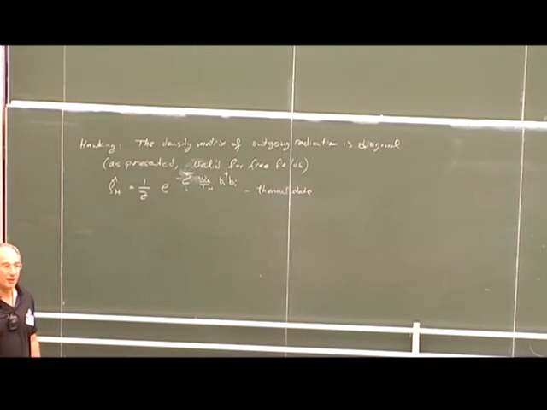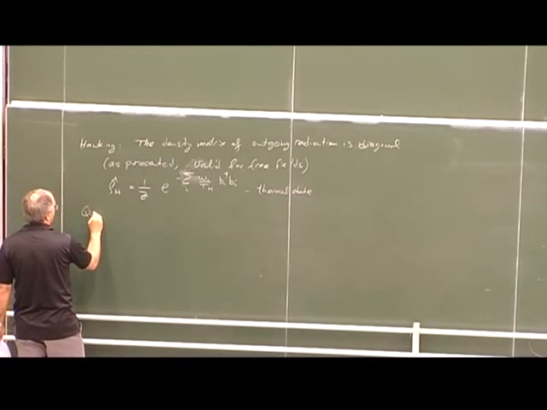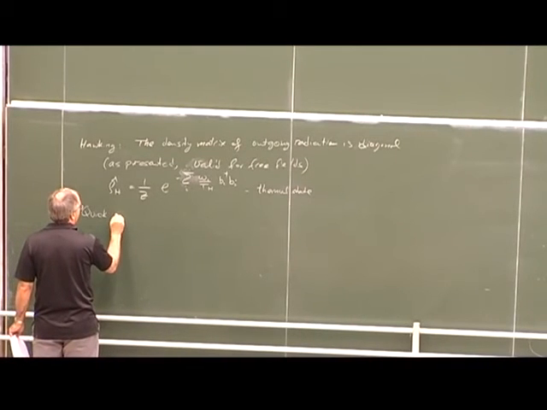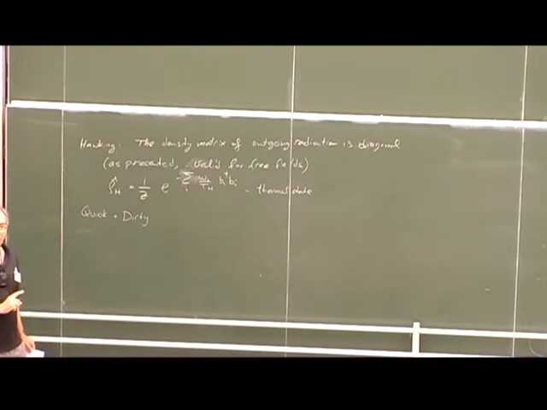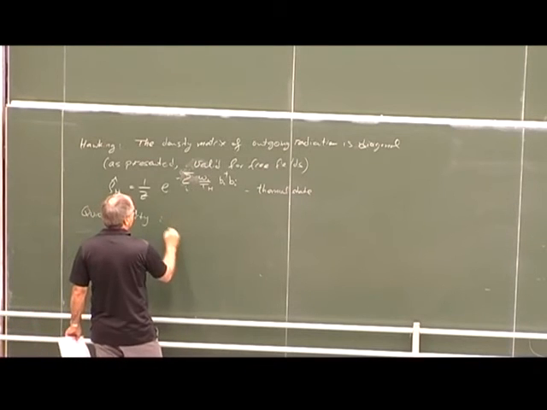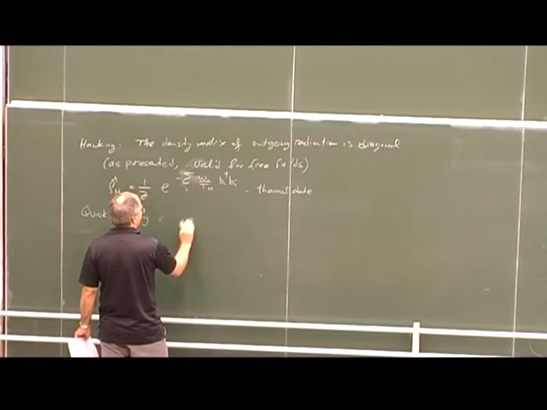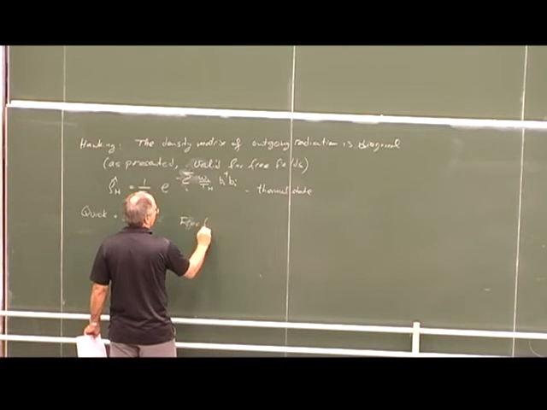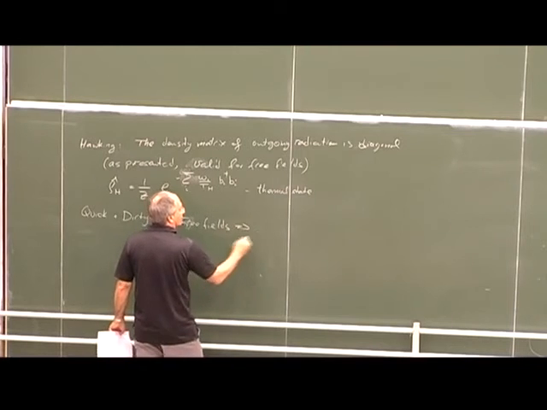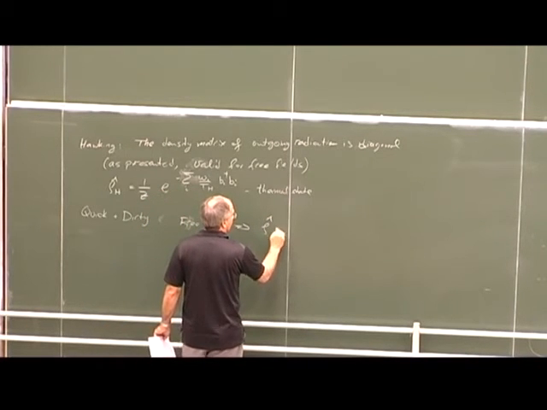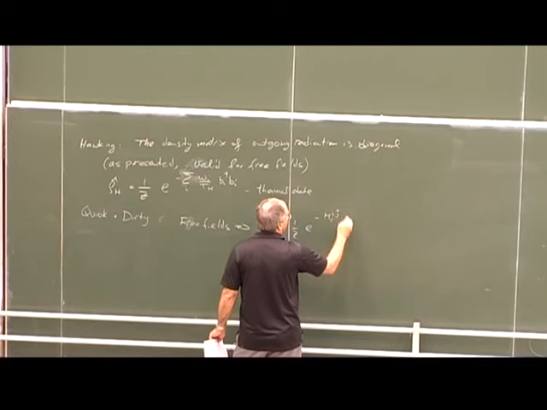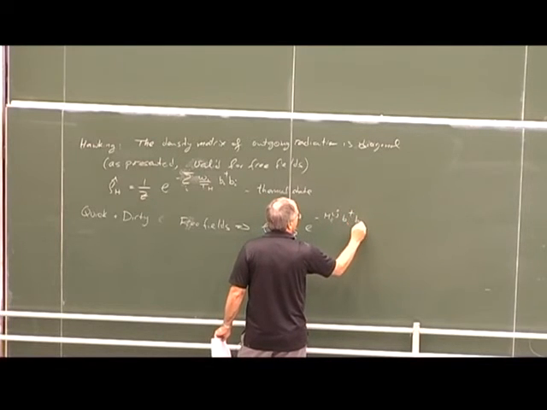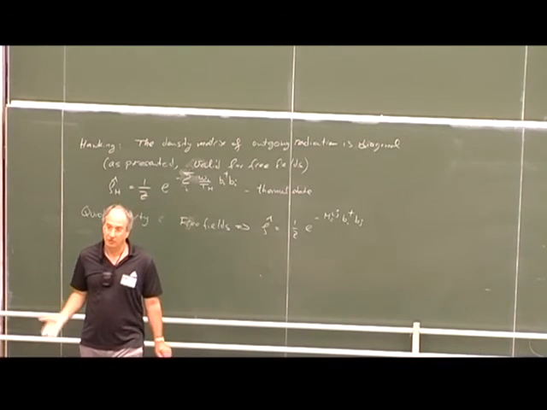So there's a quick and dirty way of proving it, which Hawking doesn't do. Because these are free fields, it means that the density matrix is Gaussian, for some matrix M_ij.